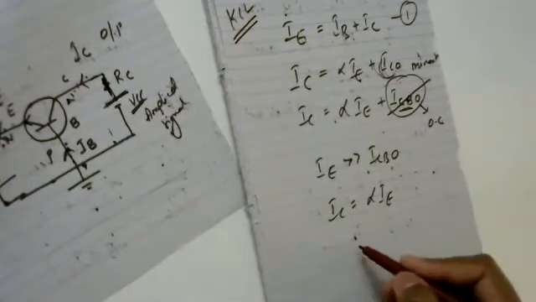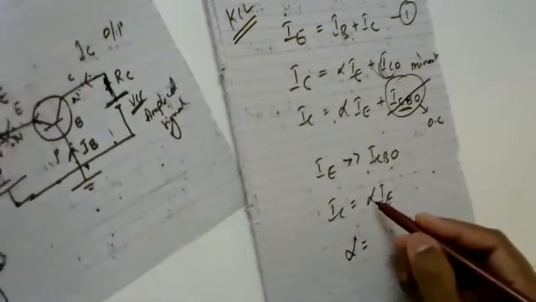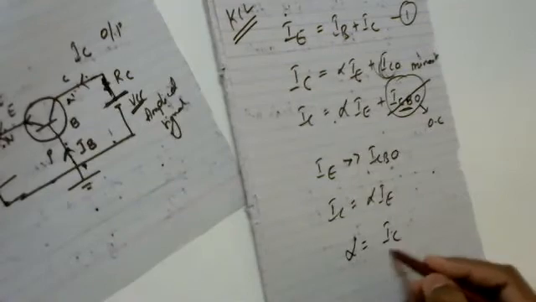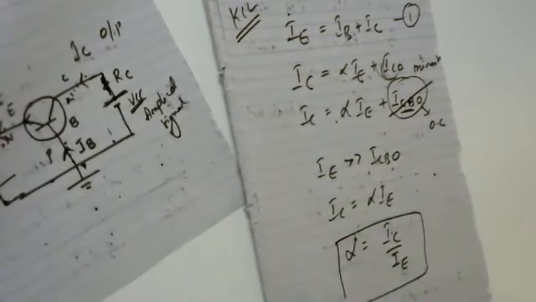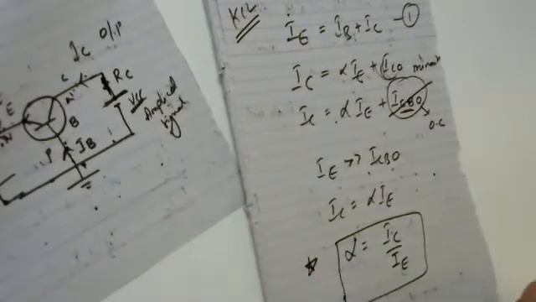Okay. Now, if I write an equation for alpha, then alpha is given by IC divided by IE. Here we are defining a very important term with respect to the transistor.